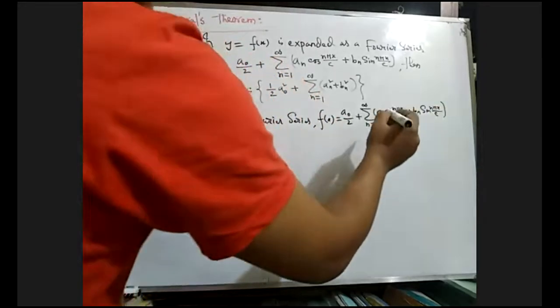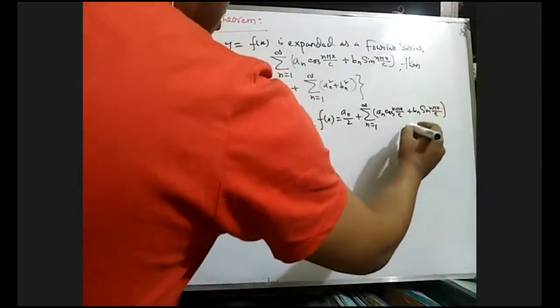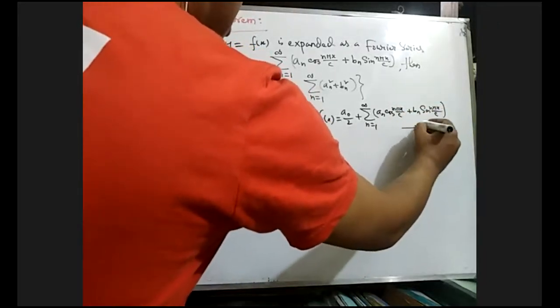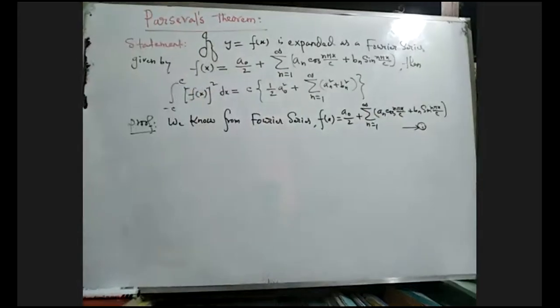Actually, a n is the cos coefficient and b n is the sine coefficient. Suppose this is equation number 1.